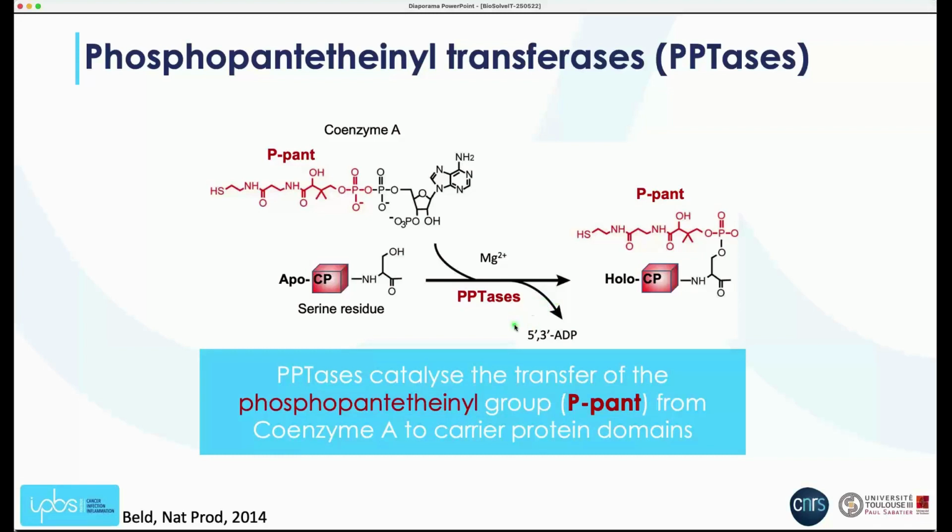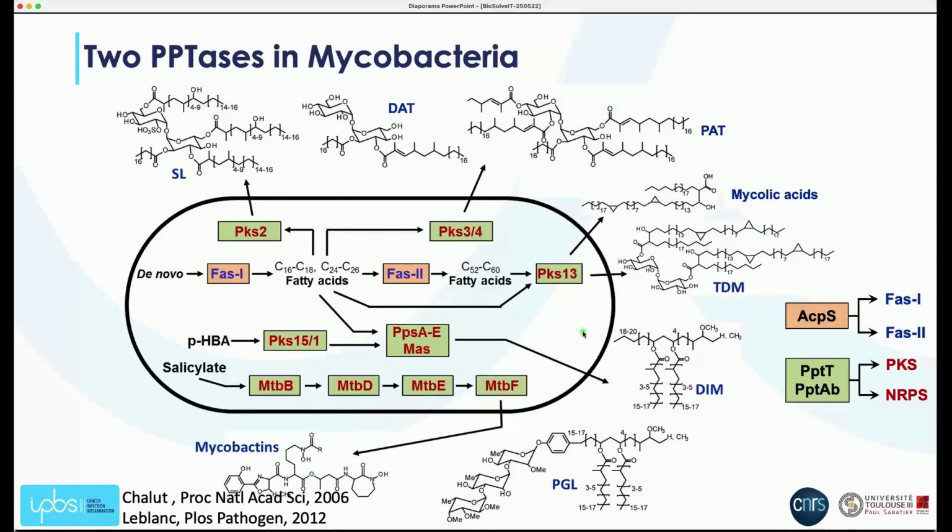Carrier proteins are an essential and mandatory component of all megasynthases, and all these megasynthases depend on two PPTase enzymes in order to function in mycobacteria. One of them is called AcpS, which is responsible for the activation of the fatty acid system specifically.